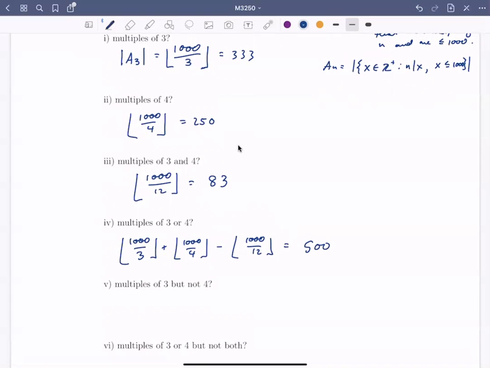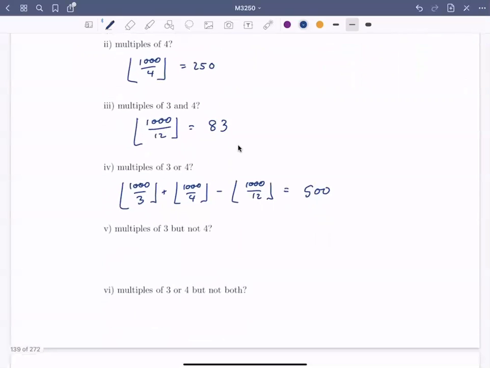Slightly more tricky, how many integers from 1 to 1,000 are multiples of 3 but not 4? Well, the way that we're going to do this is we're going to think about what does it mean to be a multiple of 3 but not 4. We're going to throw out basically all the numbers except the multiples of 3. So we're only going to work with the 333 integers that we have. 3, 6, 9, 12, 15, and so on.